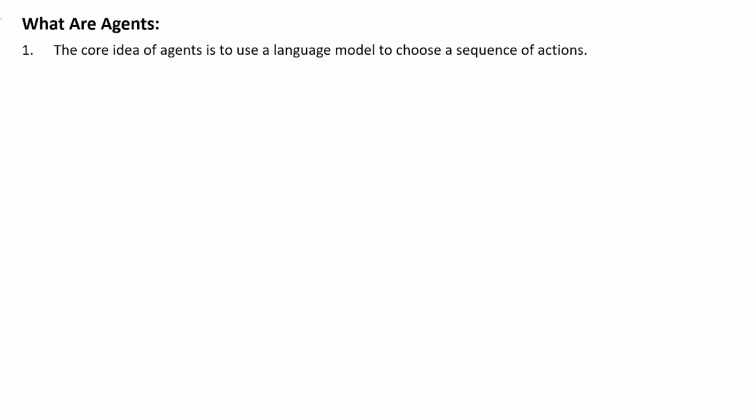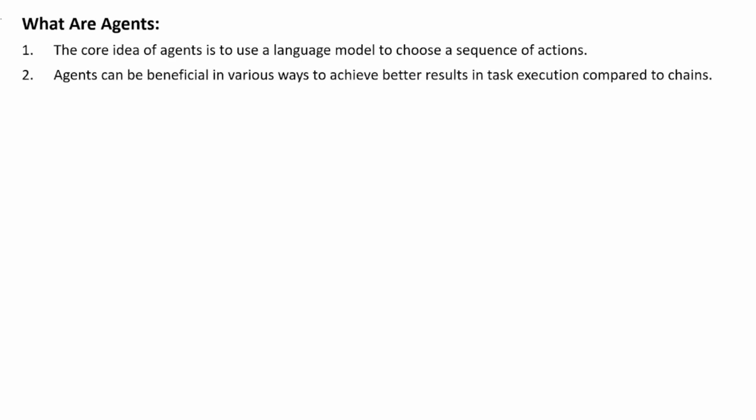These agents also have benefits over using chains. Chains basically have a fixed sequence of actions within them. We provide a fixed sequence of actions in a prompt, and chains will only use that sequence of actions, while agents can choose at runtime which particular action they need to execute at that particular step.